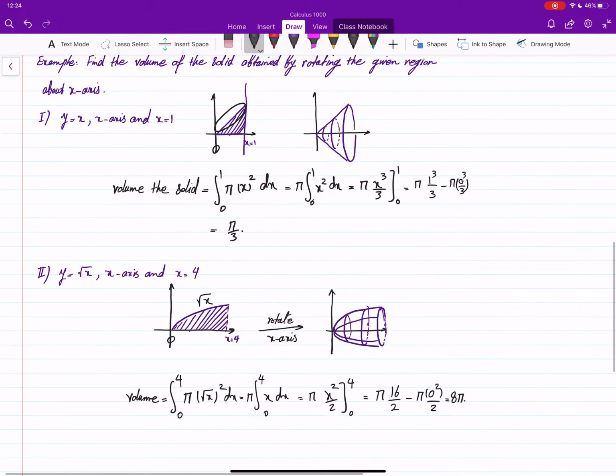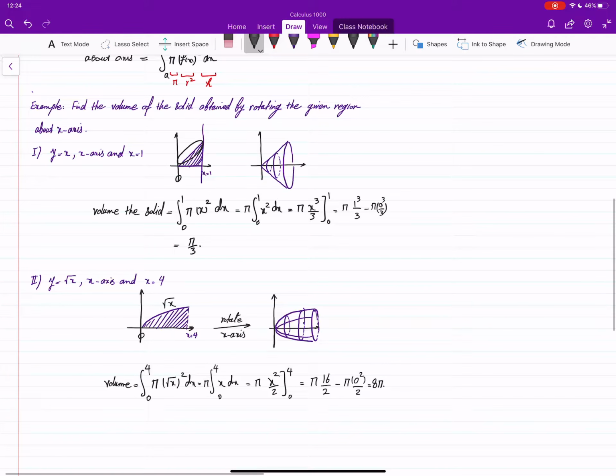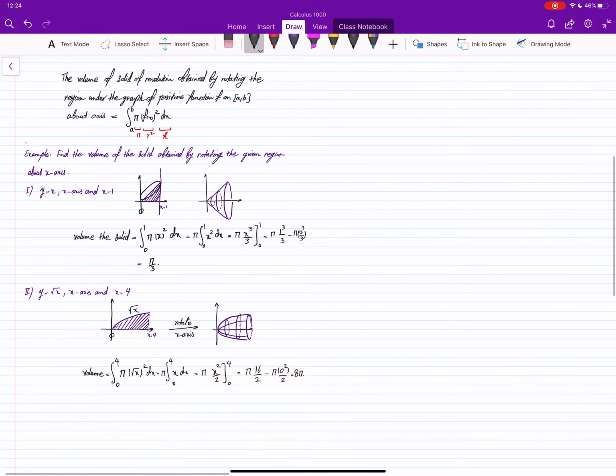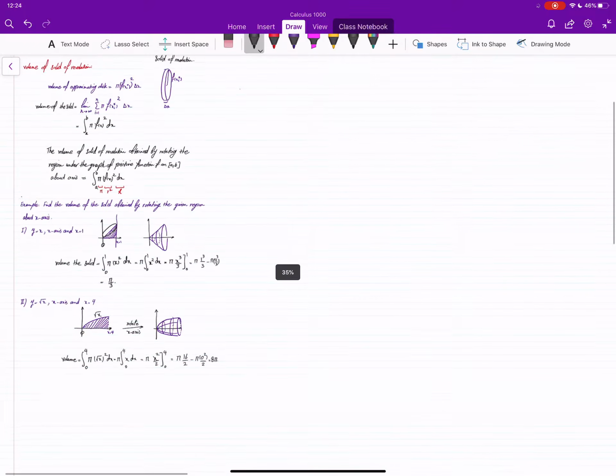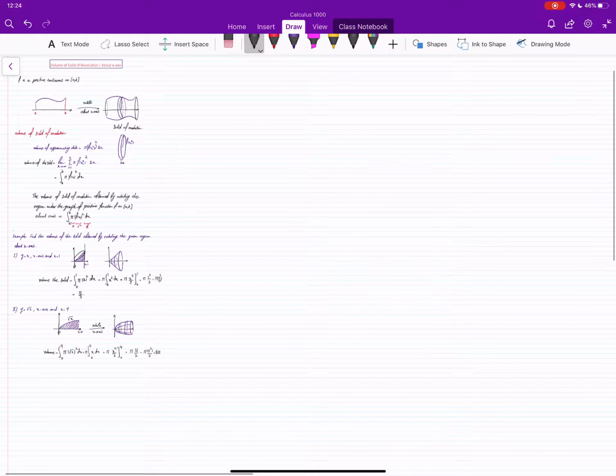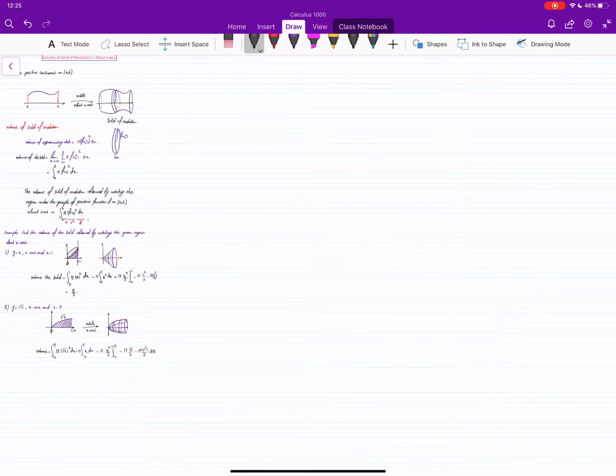So when someone asks you to find the volume of a solid obtained by rotating about the x-axis, you have to first sketch the graph of that region, find the limits, the bounds of the interval, and then use this formula, pi f(x) squared dx integrated from a to b.